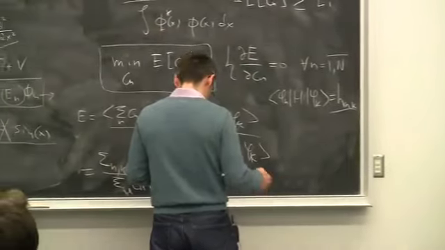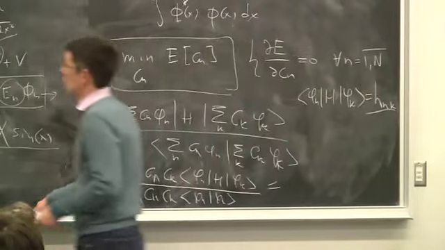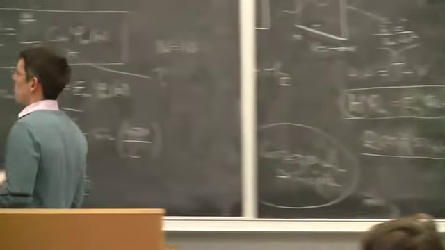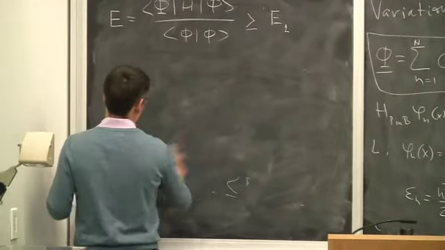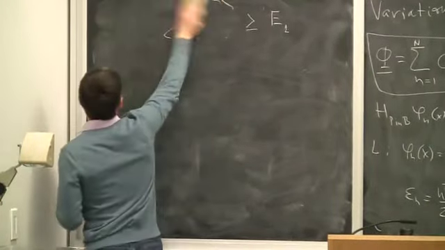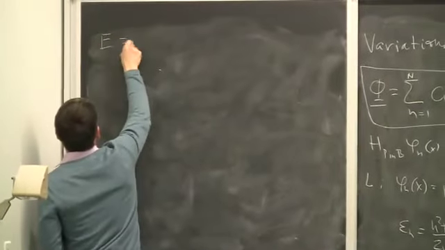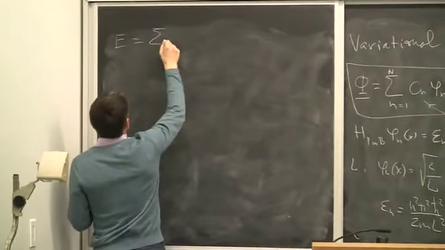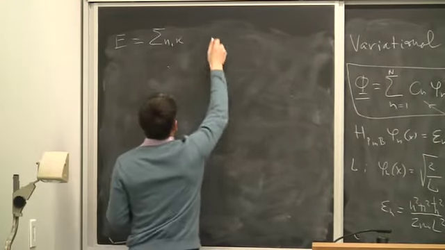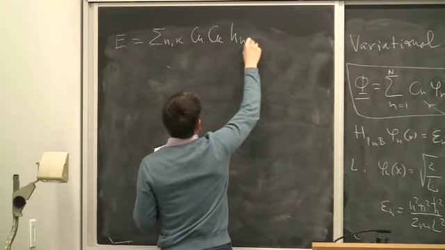And so what I have here is energy equal to the sum over n, k of Cn, Ck, Hnk.